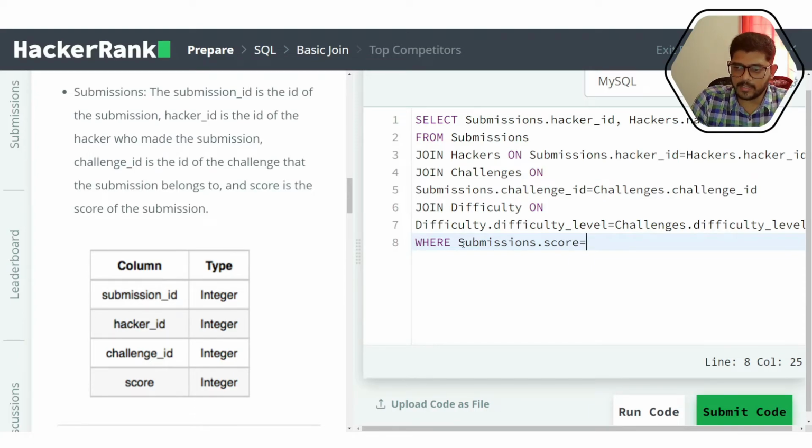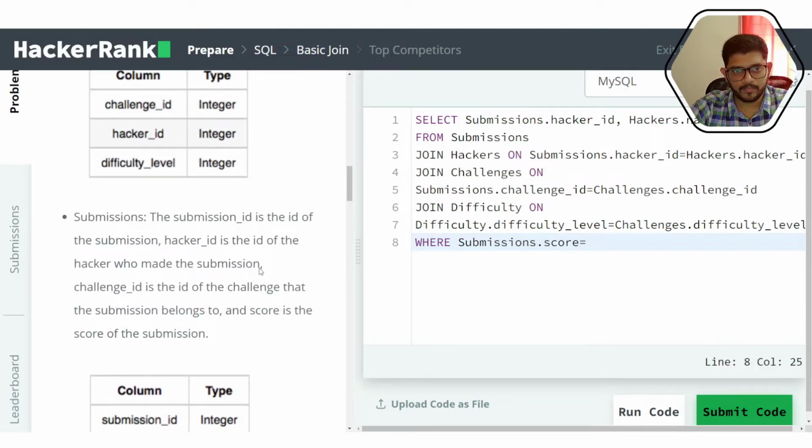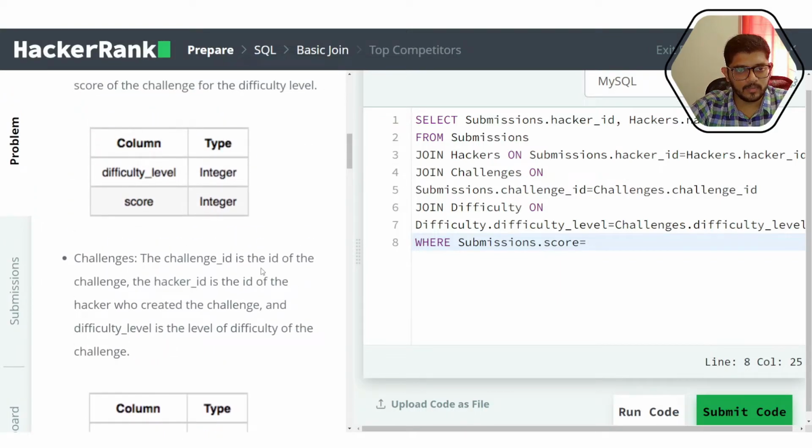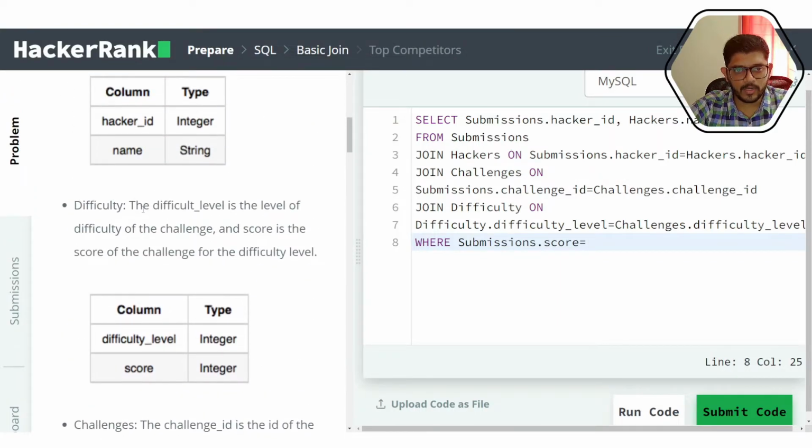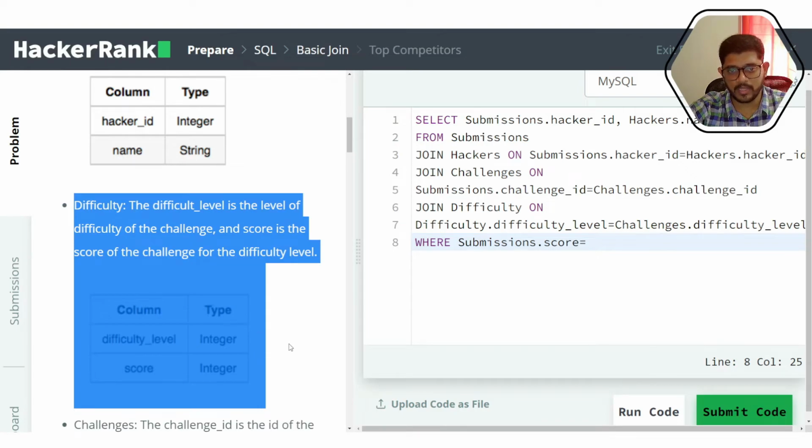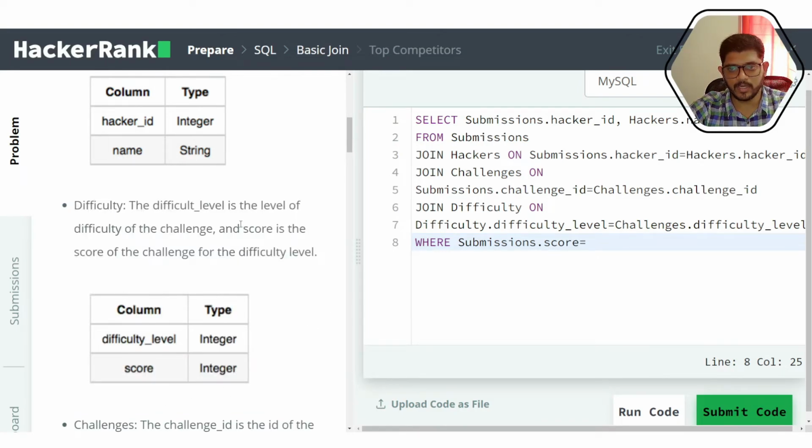And when can you say that any particular hacker has got full marks? Submissions.score should be equal to the full score for the challenge level. The only table to contain the full score for any given challenge level, not any given challenge, but any given challenge level, because for every challenge we are giving some suitable difficulty level, right? That table is the difficulty table.